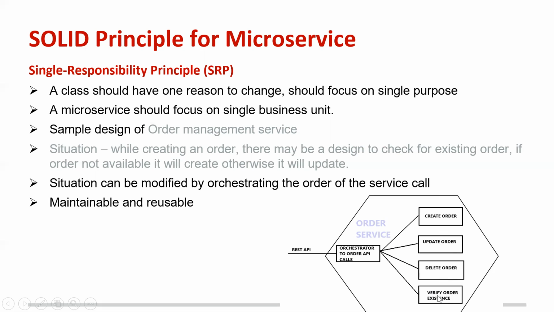If it says that the order already exists, then I will invoke updating the order with the current details. If the existence check returns false, then I will invoke the create order service, which will create a new record for that order.